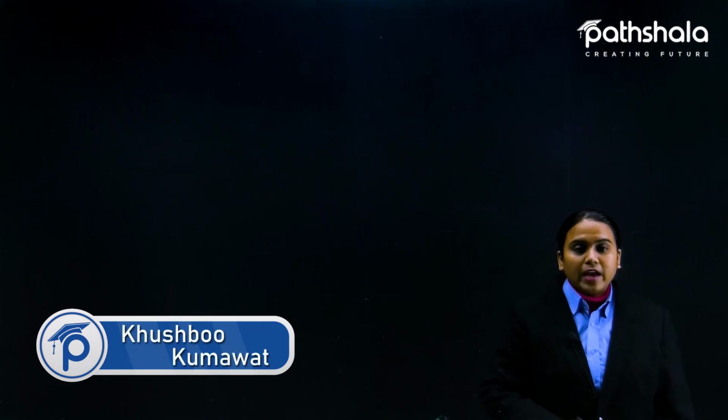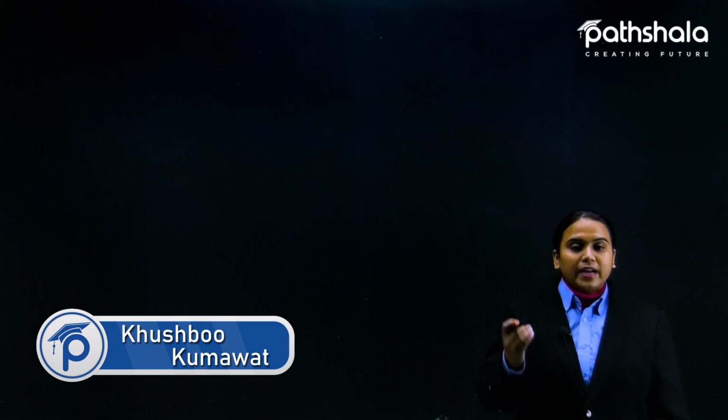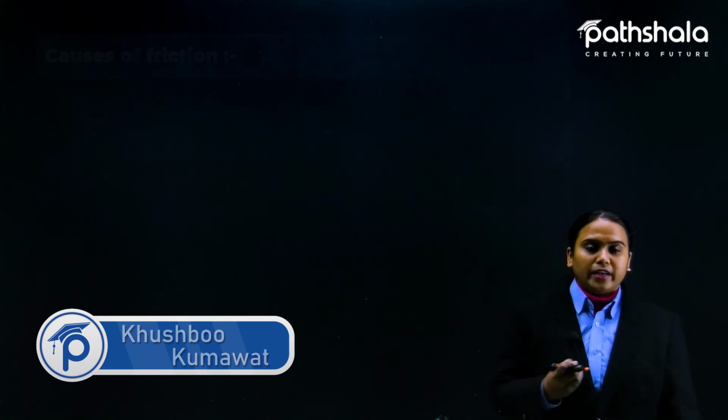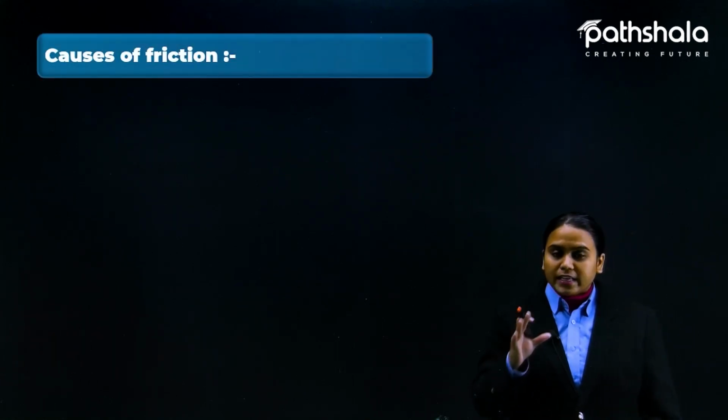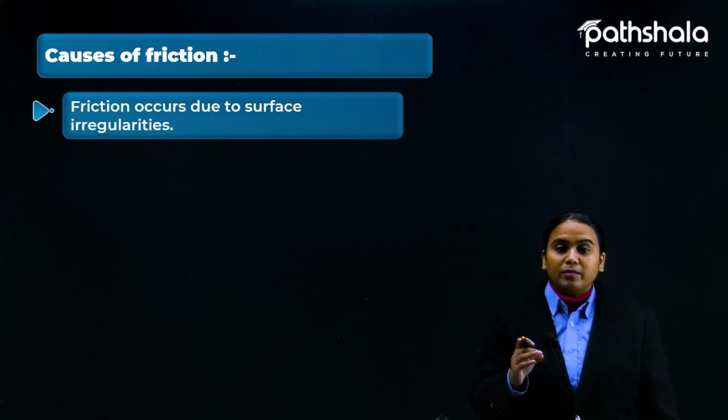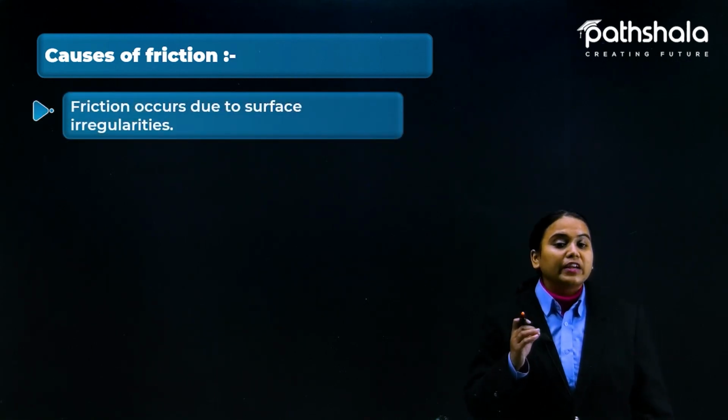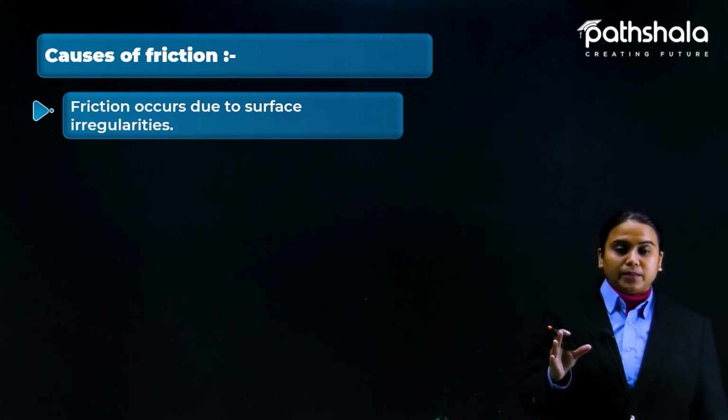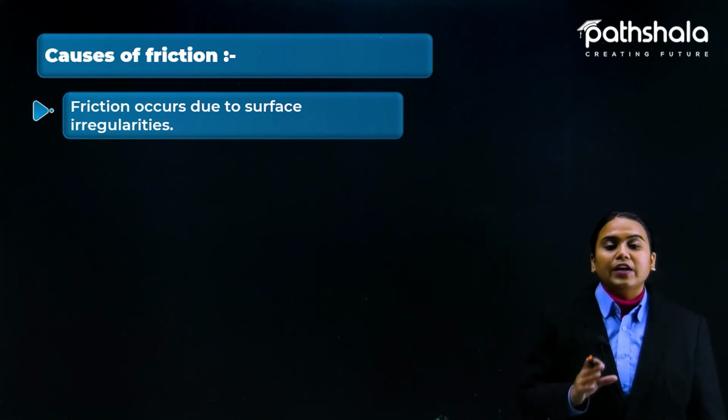So students, we have already discussed what is actually the cause behind the friction, but let us discuss it in more detail. The causes of friction: firstly, the attachment of the molecules. Here are the irregularities between the surfaces, between any two surfaces that are in contact.